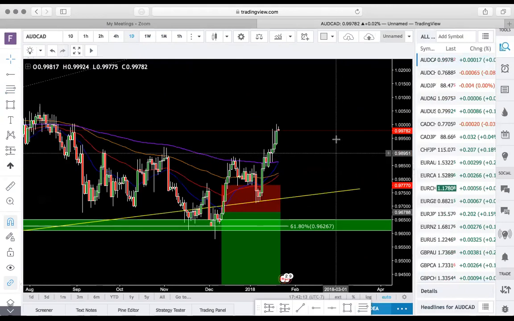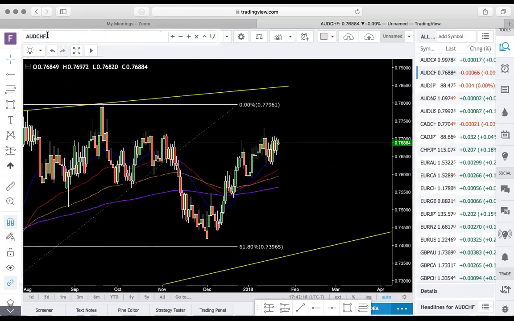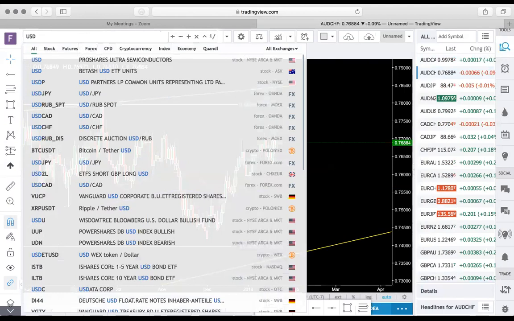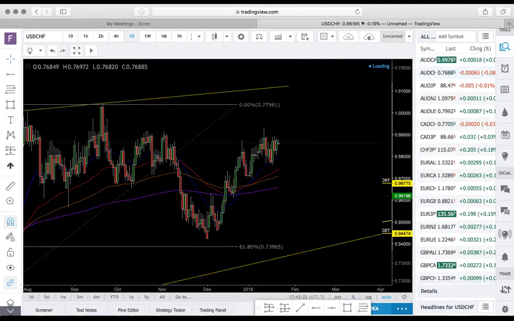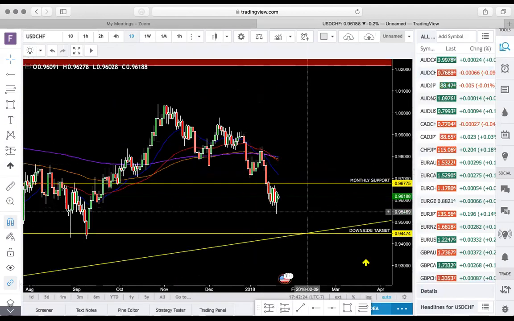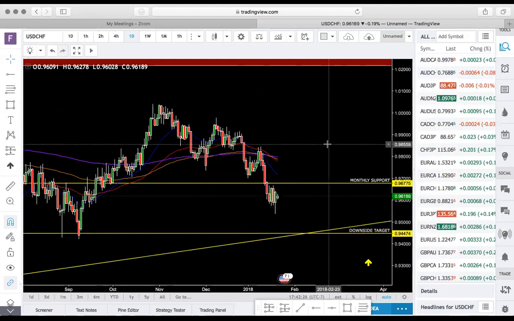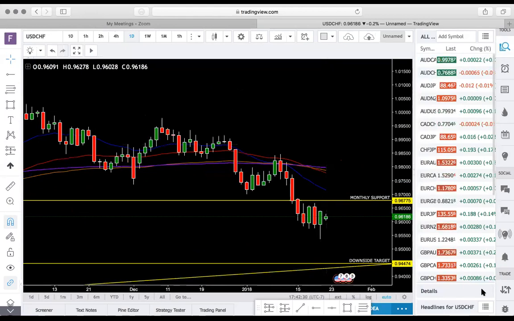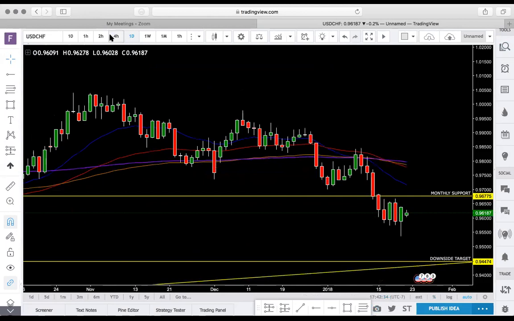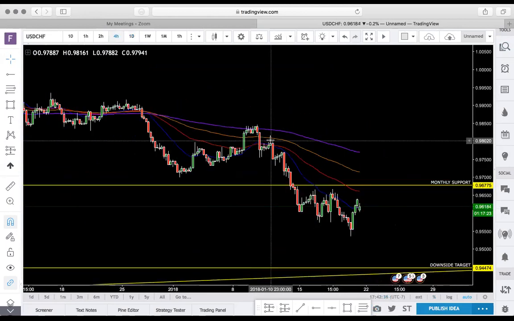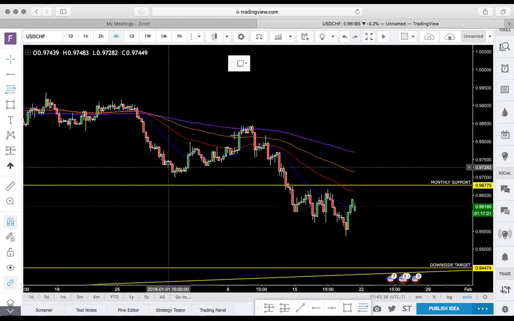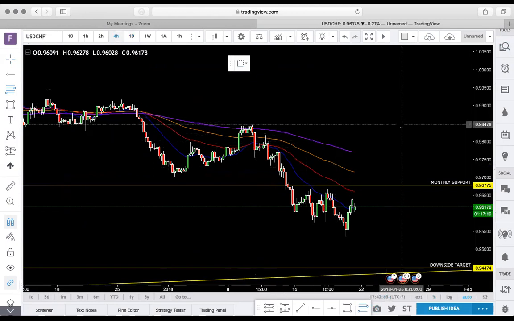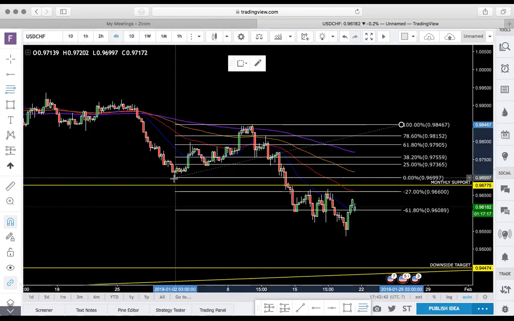Dollar franc is a buy. I mean, this is a nice little area here. And one thing that I pointed out to someone earlier, if you were to do, let's see, what was it? I think it was from this high to this low.